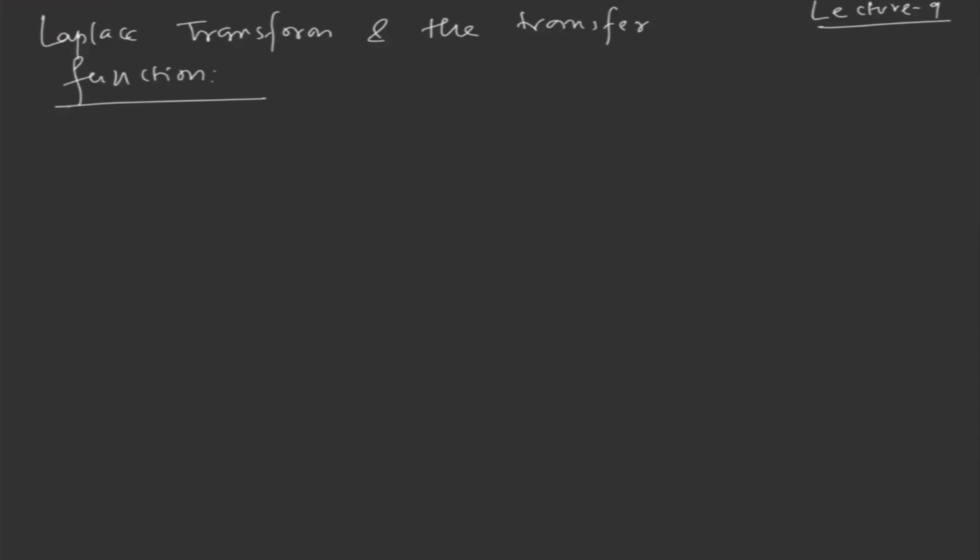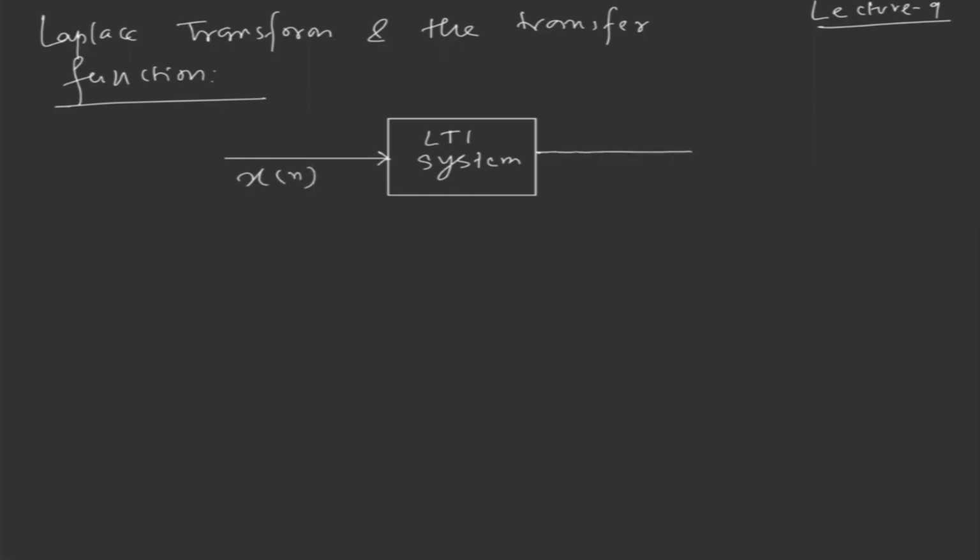If you have an LTI system and you apply some input x[n], the output, or the impulse response, we can write y[n] equal to summation k from minus infinity to infinity x[k] h[n minus k].